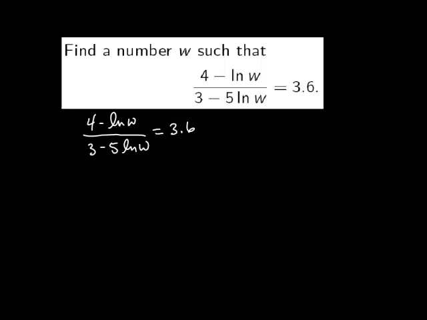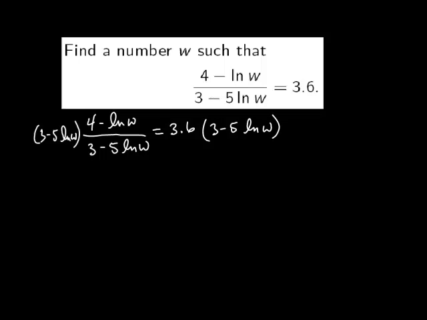So again, I need to get ln w by itself, so I need to solve for ln w, but there's an ln w in a denominator, so I have to get it out of there. To do that, I multiply both sides by the denominator, 3 minus 5 ln of w. You can do anything you want to a math equation as long as you do it to both sides.